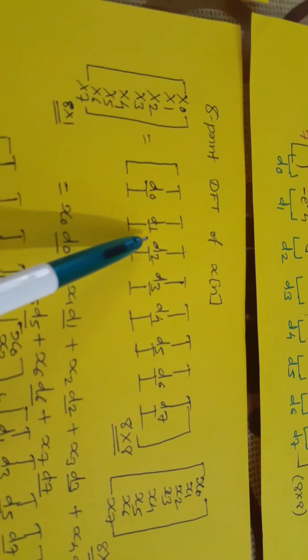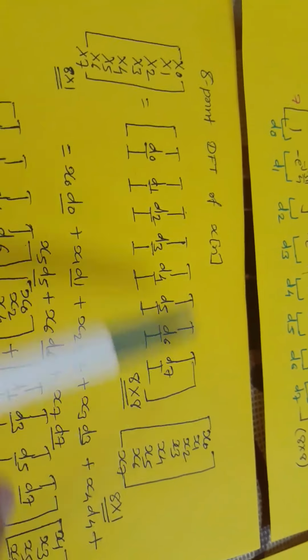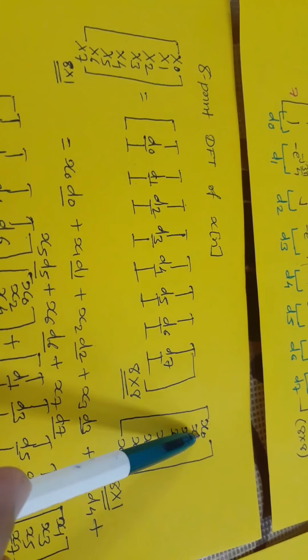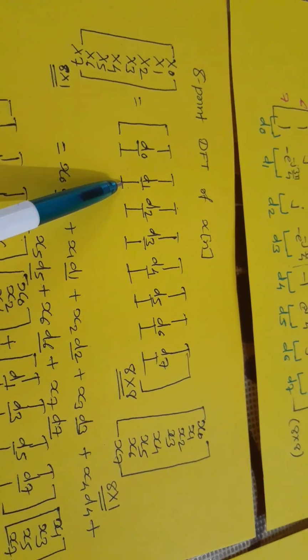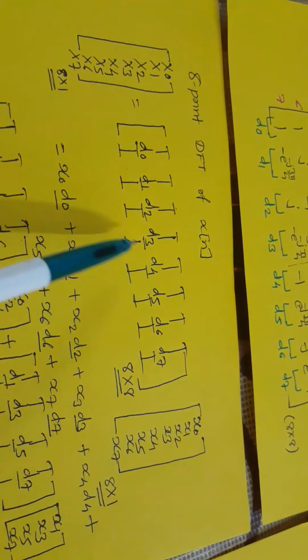That means the first column entries get multiplied by x0, the D1 elements get multiplied by x1, and so on.